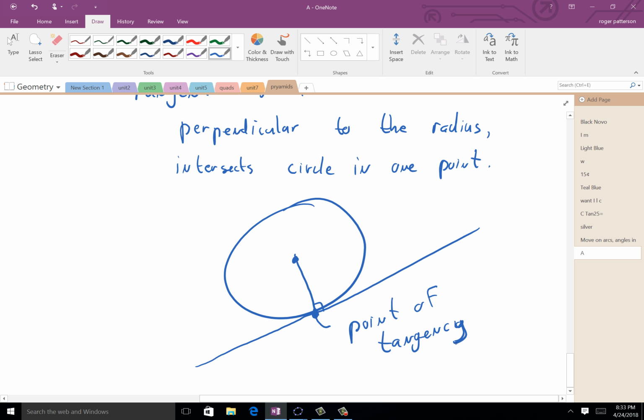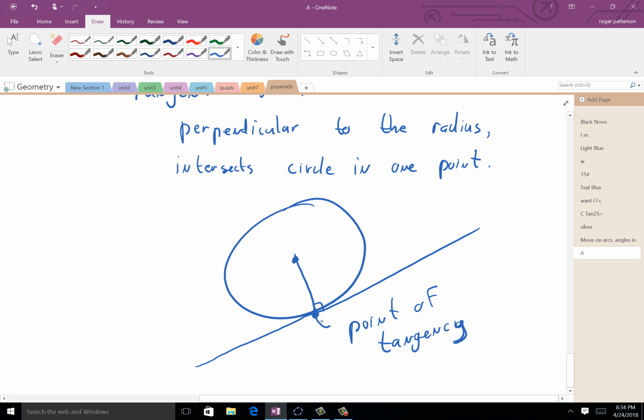Point of tangency. Now, some of you might be thinking, well, wait a second now. Hey, we just did some stuff on tangent not too long ago with opposite over adjacent. And now it has to do something with a line and a circle. Well, in actuality, they're related. The word tangent, which is actually opposite over adjacent, came from the idea of a tangent line to a circle.